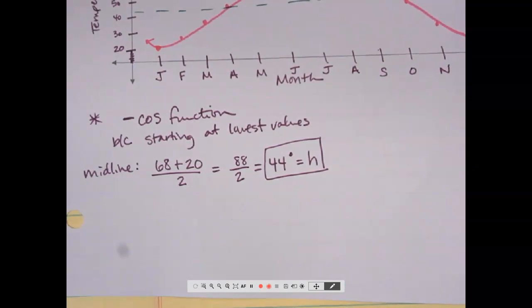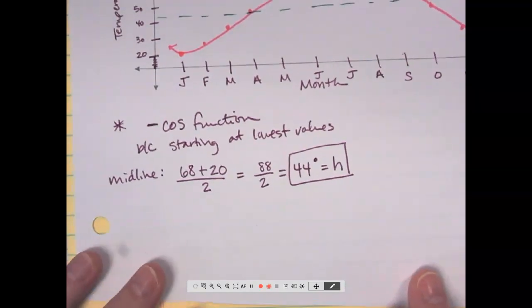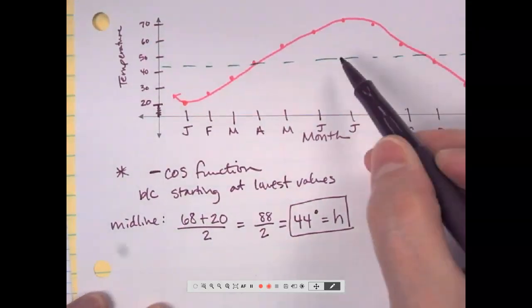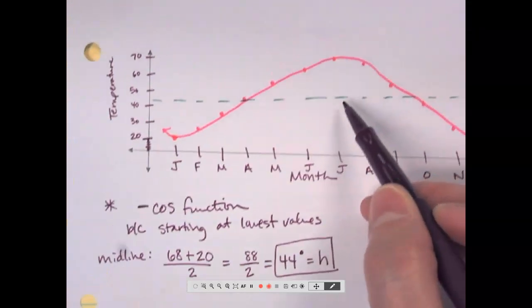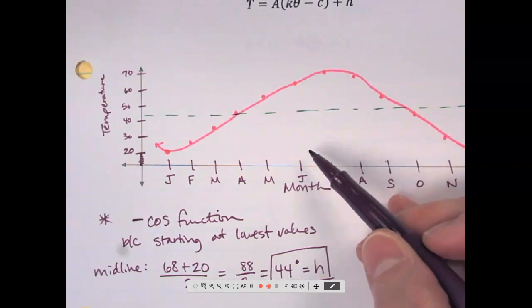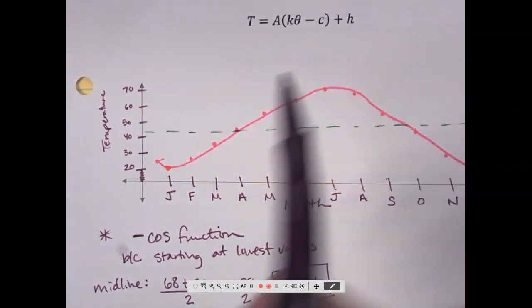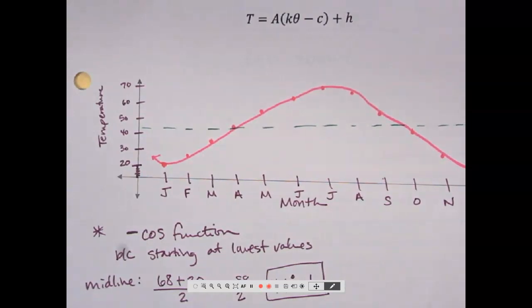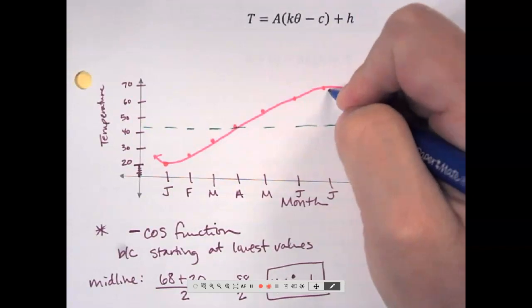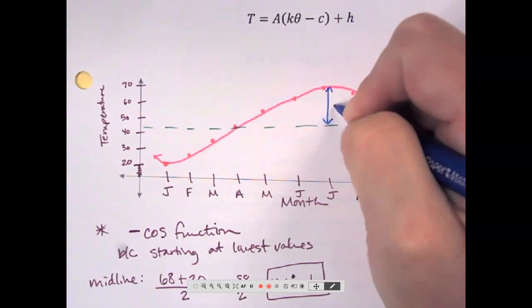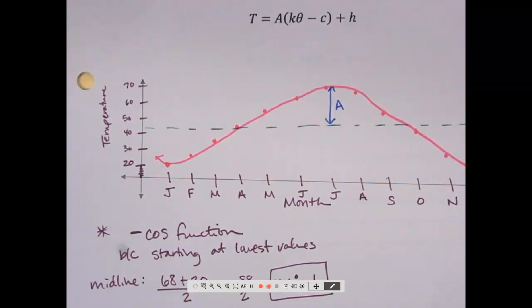It's not centered on the x-axis. It's been moved up, centered around 44. Okay, if I know this center line is 44, how can I find the amplitude, that A value? Yeah, exactly. I want to know how far this is, and that's my amplitude.